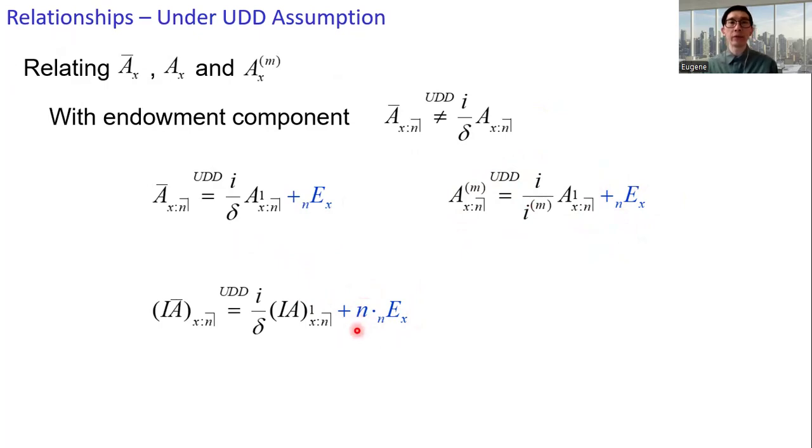And therefore, the present value for this is n times nEx. For annually decreasing insurance, by the end of the n-year term period, the survival benefit is what? So we have 1 times nEx, which is simply nEx.